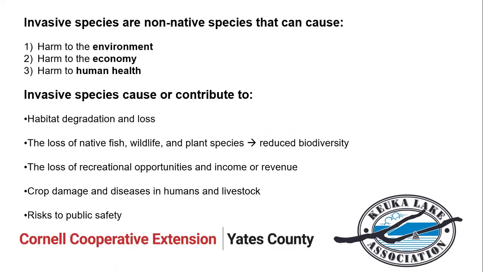Invasive species cause or contribute to habitat degradation and loss, the loss of native fish, wildlife, and plant species, which leads to reduced biodiversity, the loss of recreational opportunities and income or revenue, crop damage and disease in humans and livestock, and it also poses risk to public safety.